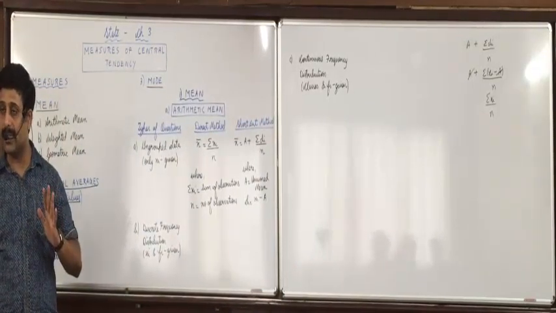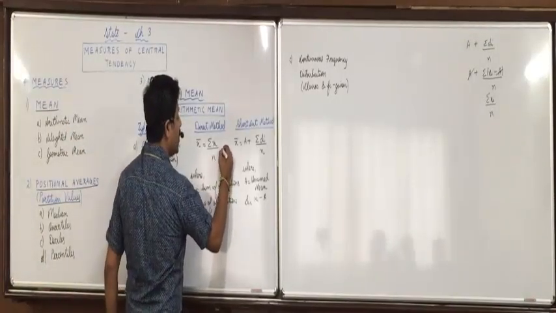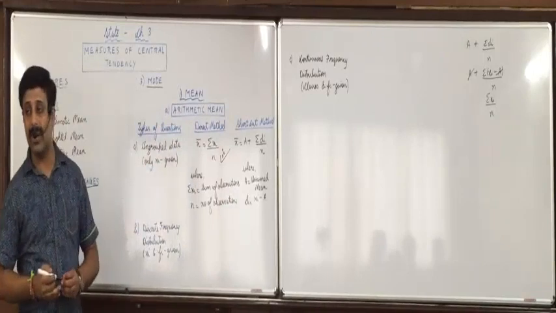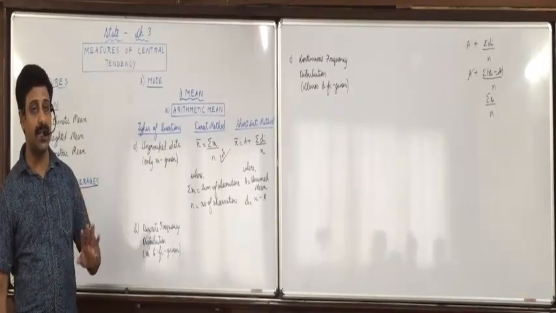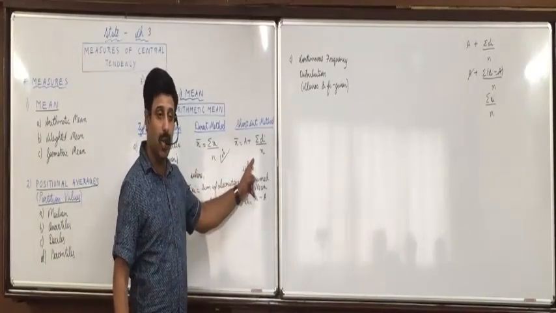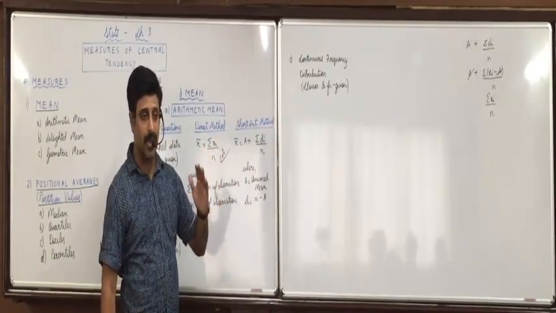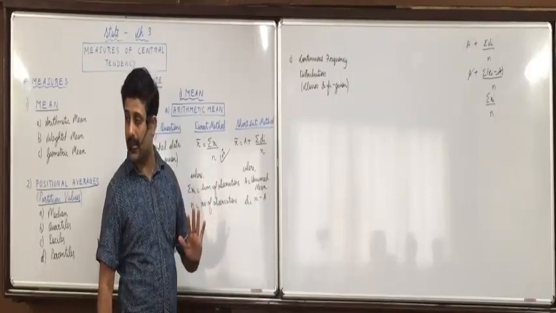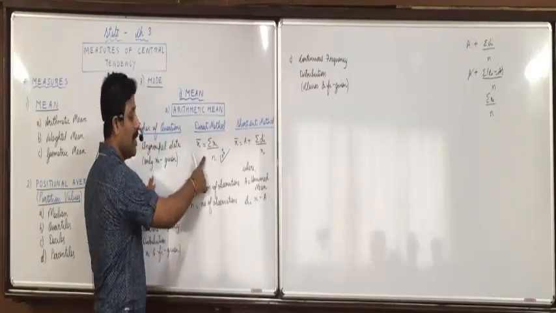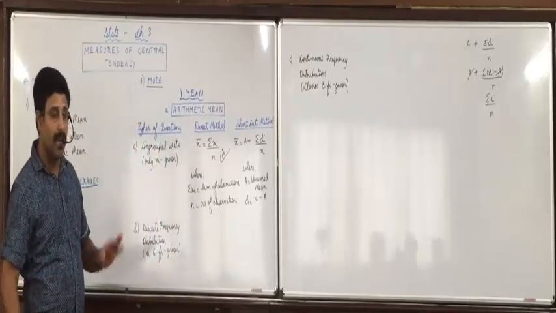Is everyone clear with this? Anyway, we will always be applying the direct method only. For understanding purposes, the first example I'll explain by the direct method as well as by the shortcut method. After that, homework as well as class work. Whatever examples we do in class, ungrouped data we will do only by direct method, sigma xi upon n. Okay.